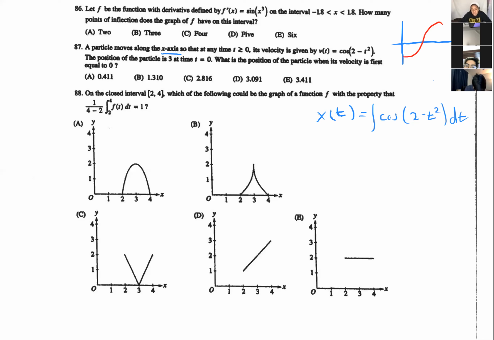So when is the position first equal to 0? Or when the velocity is first 0. So right here, you would graph this on your calculator. You figure out the x-intercept, which is 0.655.